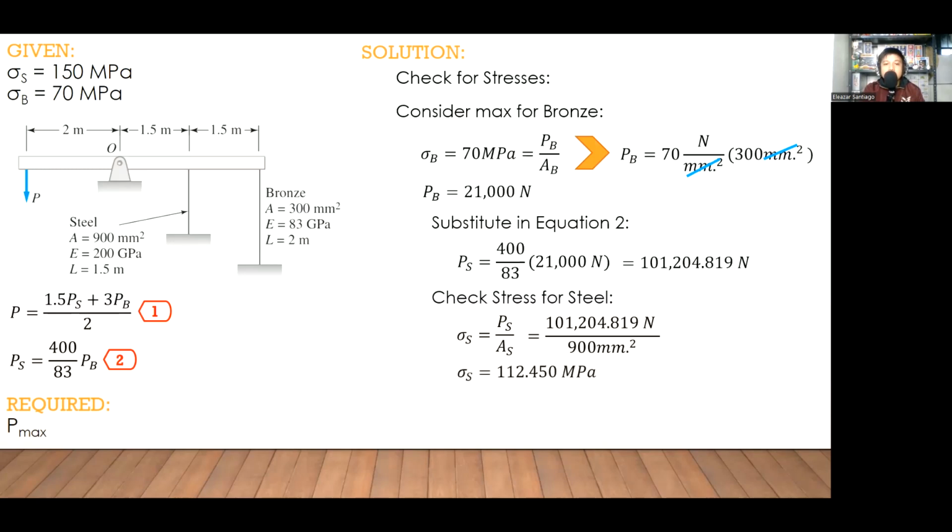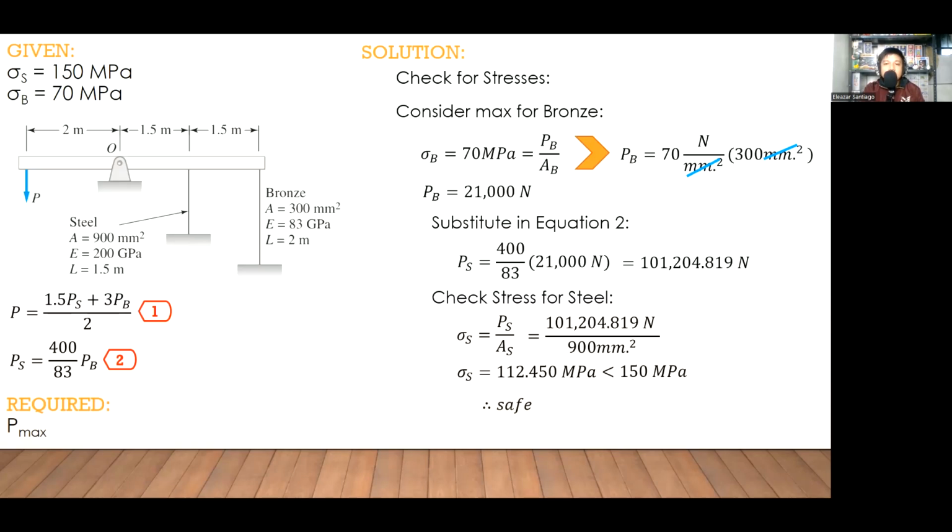Therefore, the stress for the steel, using this value of force, is about 112.45 megapascals. Comparing this with the maximum possible stress for the steel material, that is 150 megapascals, this value, 112.45, is far less than 150 megapascals, which means that it is safe.